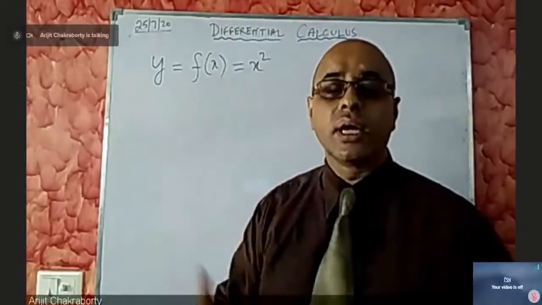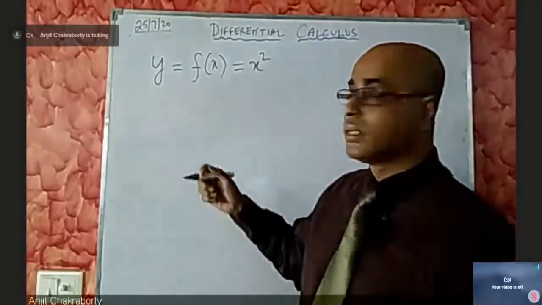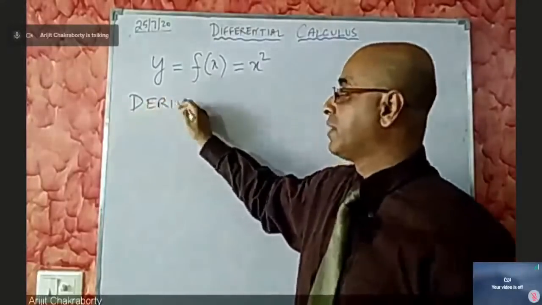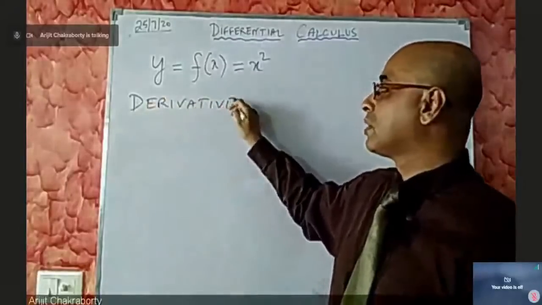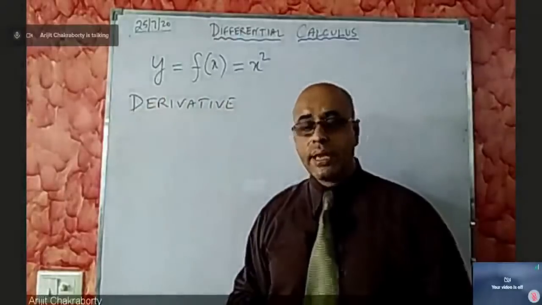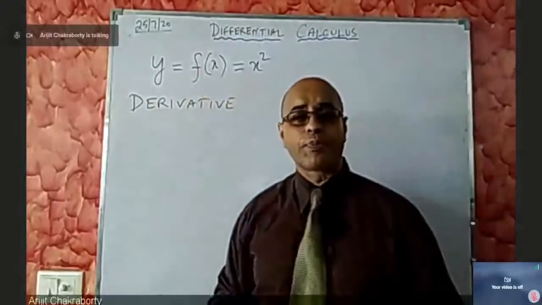Now when we take the concept of differential calculus, we have a word which is called derivative. What is derivative? Now, you see, we have y equal to x squared.